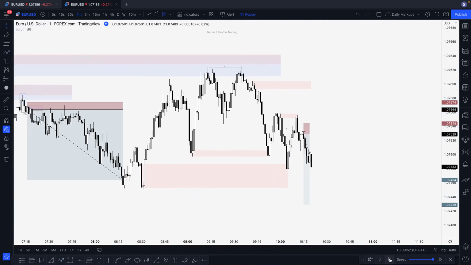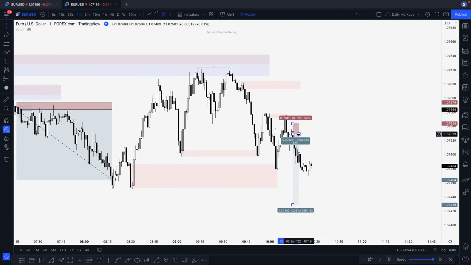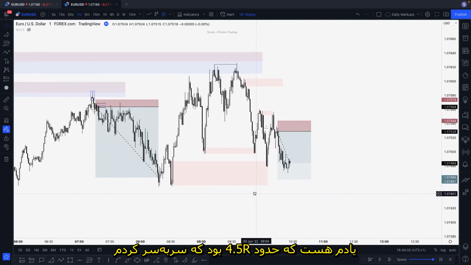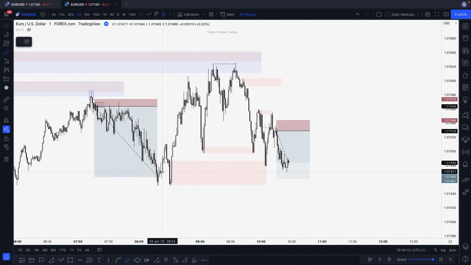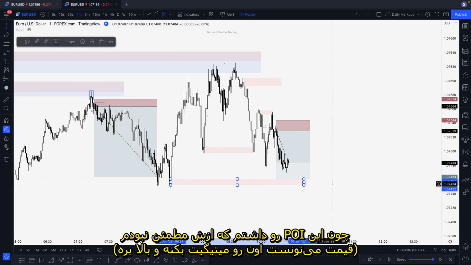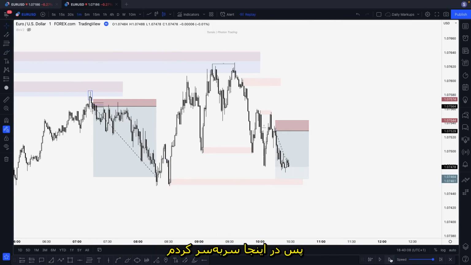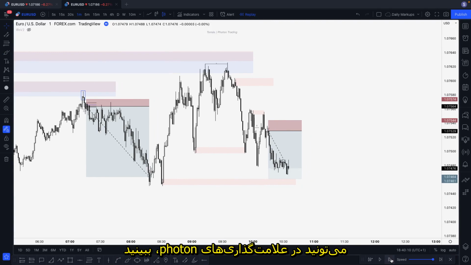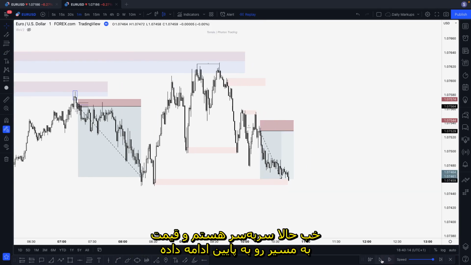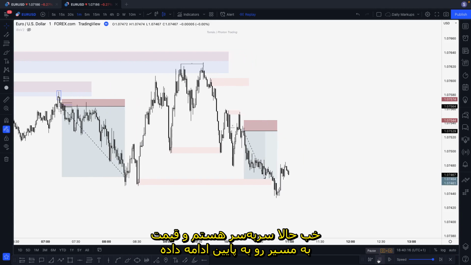Around 5R, I remember that it was around 4.5R that I moved to break even because I had this POI that I was not quite sure price could mitigate and pop higher, but I moved to break even at this point. You can see on the photon markups, I believe. So I moved to break even, and the price continued to the downside.